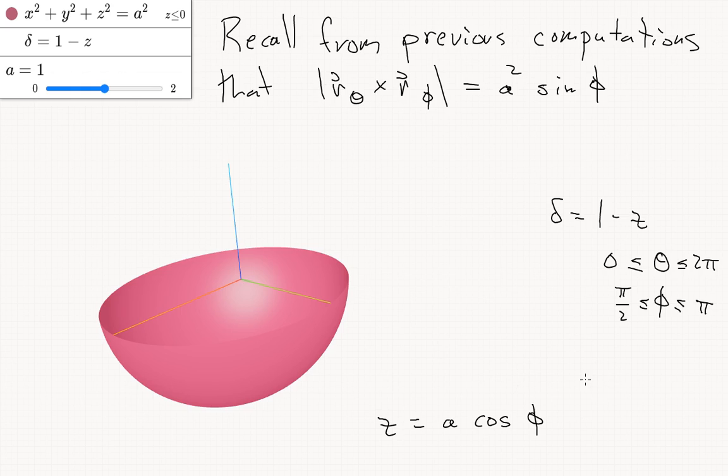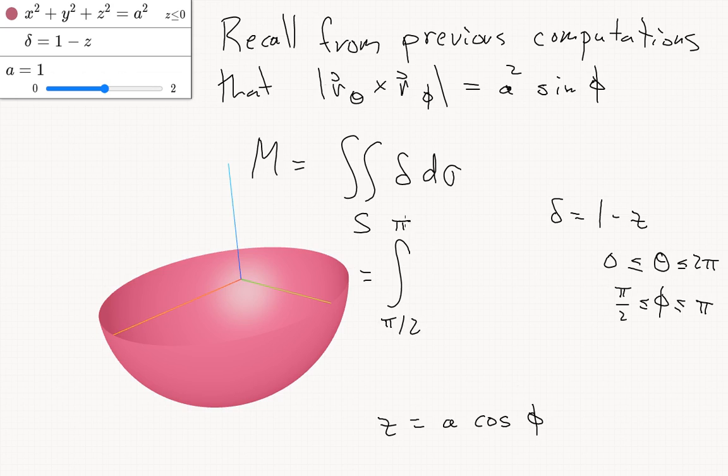So now we can calculate the mass. m is the integral over our surface of density with respect to surface area. So this is the integral where phi will go from pi over 2 to pi, and theta will go from 0 to 2 pi.